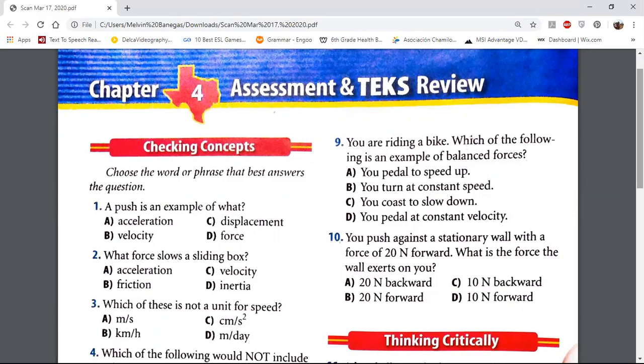You pedal to speed up, you turn at constant speed, you coast to slow down, you pedal at constant velocity. So what would be an example of balanced forces? Pedal to speed up? No, because in that case you're accelerating, so an unbalanced force is acting.